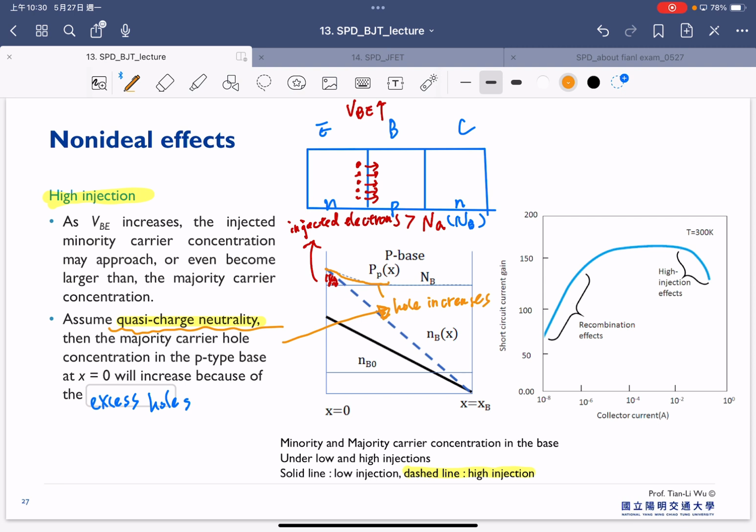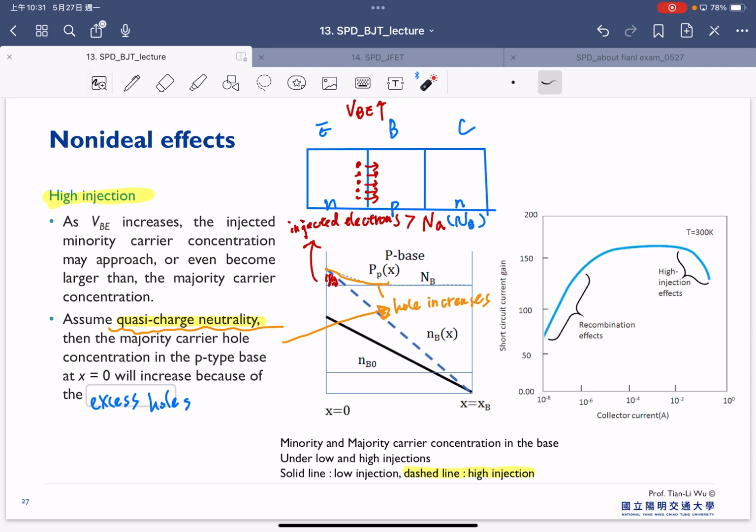So once you have a high level injection, you have additional electrons, but still the base region has to maintain neutrality, so there's an increase of the hole concentration as well. So now the doping inside the base is not like here, it becomes like this. So this is the case of high level injection here.